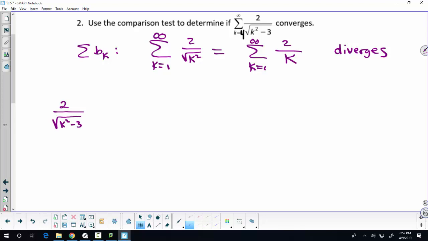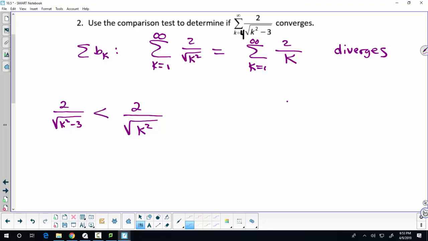Keep in mind that we know 2 over k is the series, but it's easier to compare to the equivalent form 2 over root k squared. Which one of these is smaller? This one's smaller, we're subtracting 3 on the bottom. Do y'all agree with that?